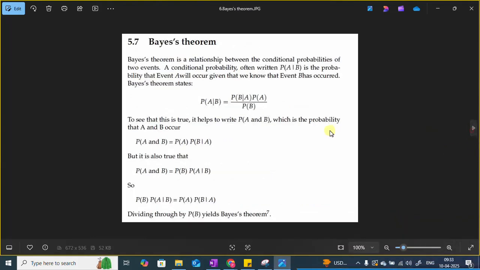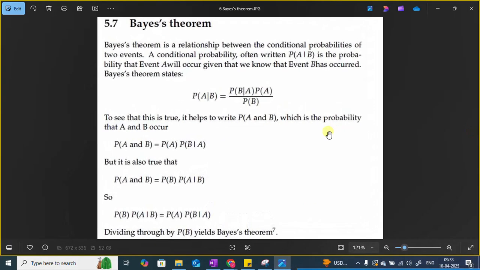Now, Bayes theorem. Guys, Bayes theorem is a relationship between the conditional probabilities of two events. A conditional probability, often written probability of A given B, is the probability that event A will occur given that we know that event B has already occurred.